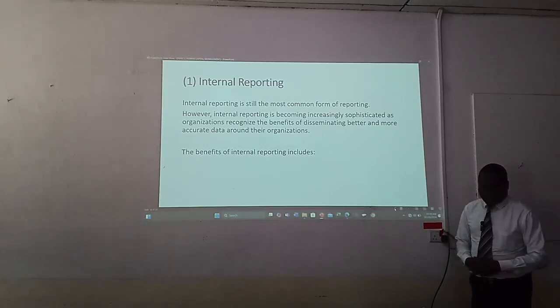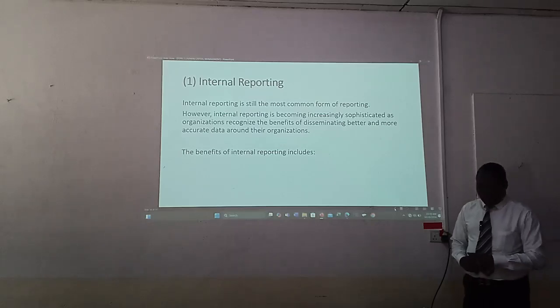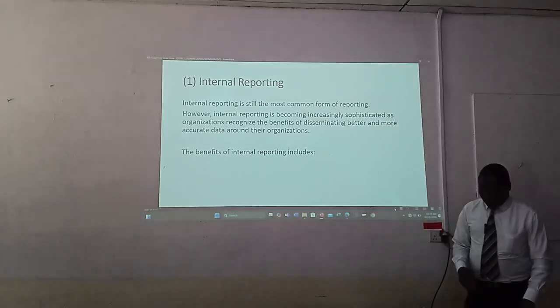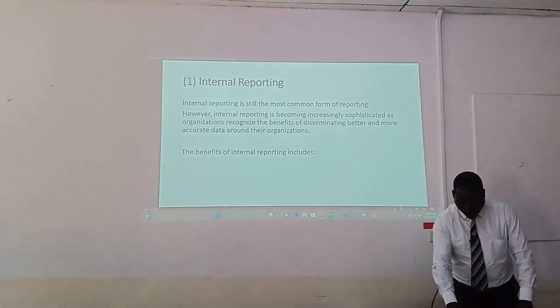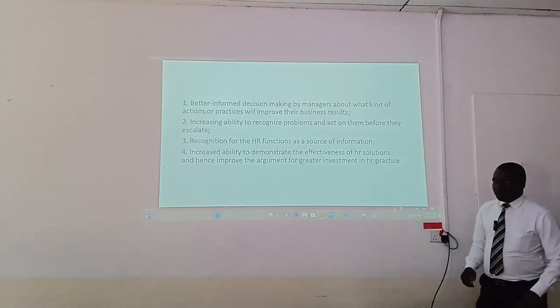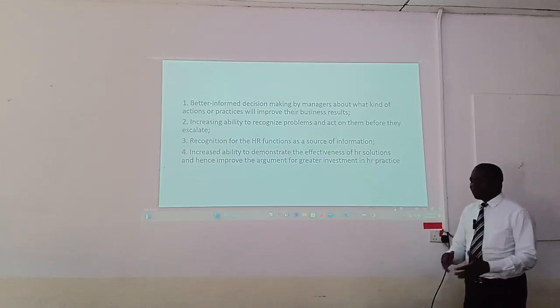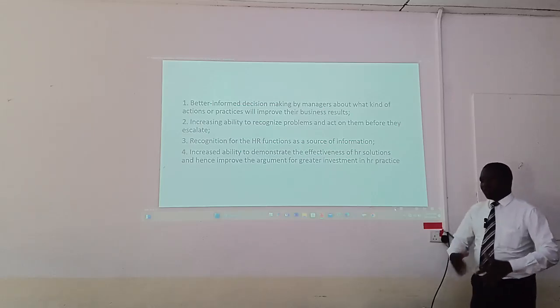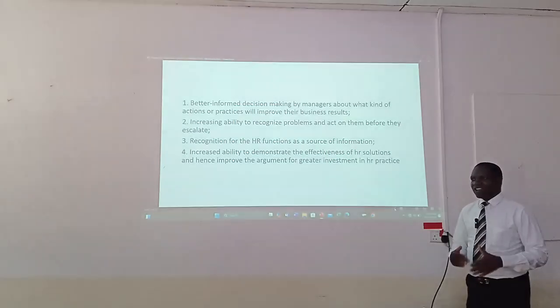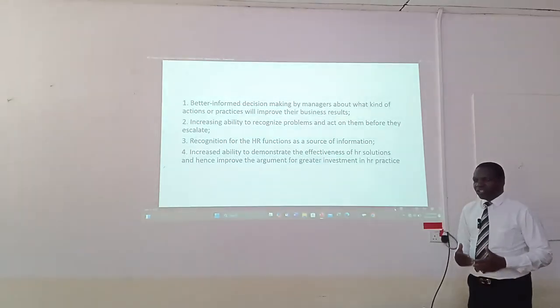However, there are benefits of internal reporting, and these benefits are as follows. Number one, better informed decisions. If you have reports that are coming from within, as an HR, you have a better informed decision.